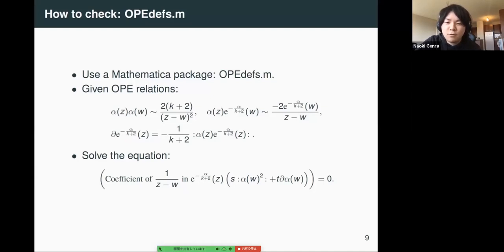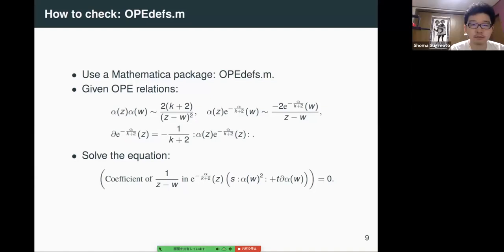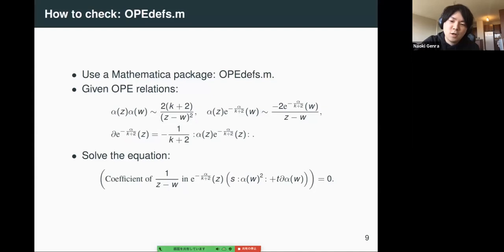The conformal weight 2 space in the Heisenberg vertex algebra has only alpha squared and the derivative of alpha. So we put formal coefficients s and t and consider the linear term, and we want to solve: can we find some solution in the kernel of the screening operator?